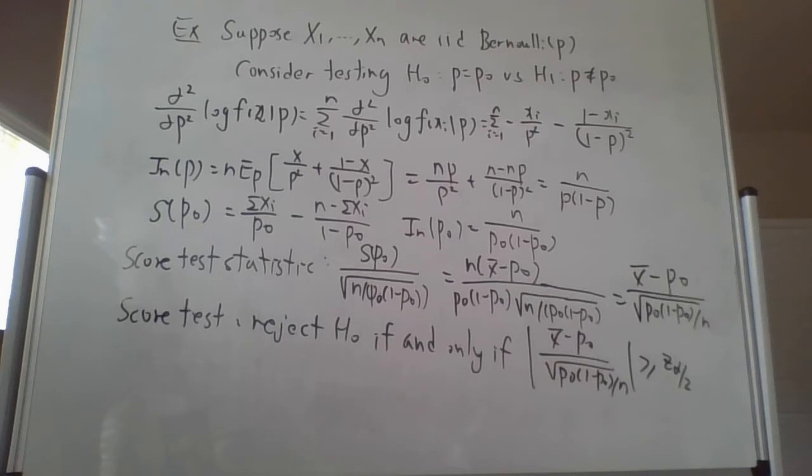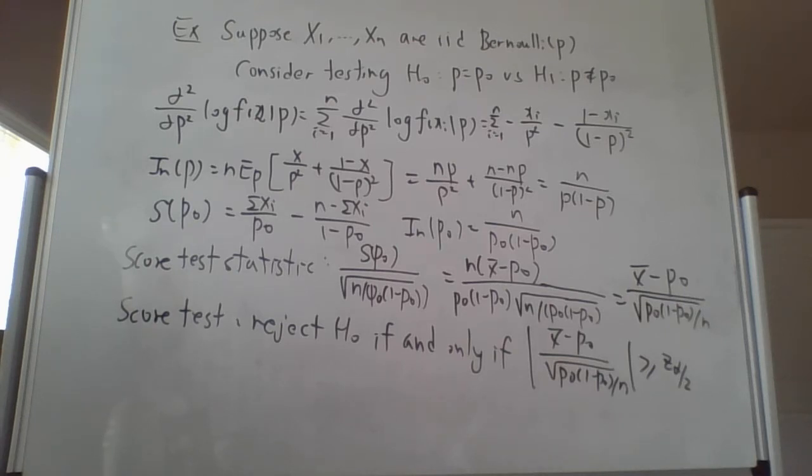So the real difference between the score test and the Wald test is that for the Wald test, the denominator uses the estimated value, so you use x bar. For the score test, it uses the true value, which is P0.